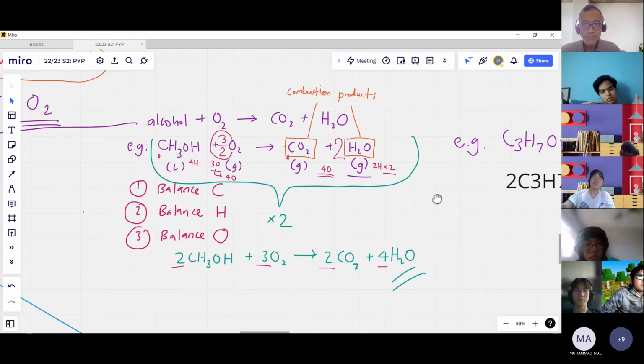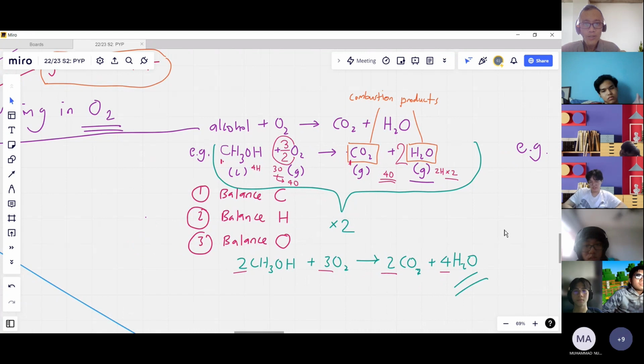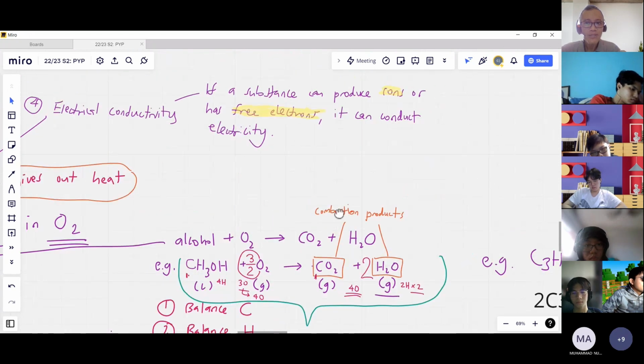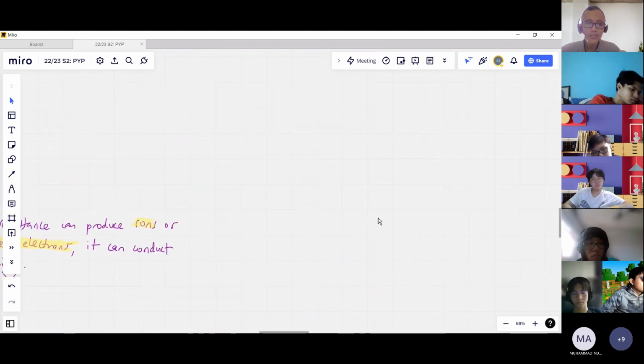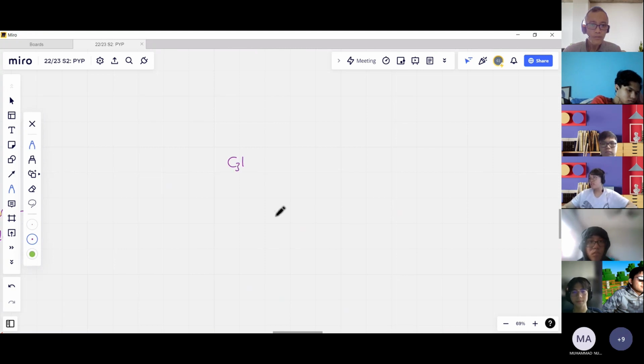I actually want you to try the other one. Can you try out propanol combustion, how to write out the equation and how to balance it? First thing, make sure you write the formula correctly. This is propanol, which you ought to remember.